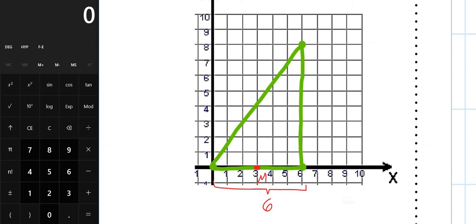Since that bottom side is horizontal, going vertically upwards would be my perpendicular direction. So I'm going to draw a line segment going up. Just going to shade in a little bit with this blue. Okay, so that right there is our perpendicular bisector for one of our sides.